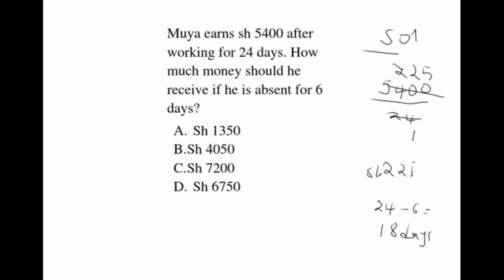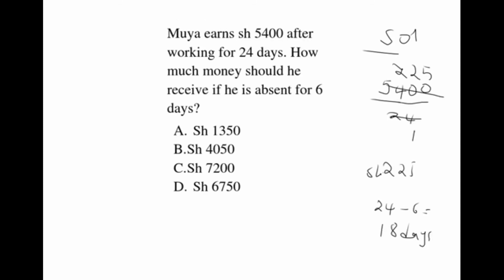Therefore, we multiply 225 by 18. We get 4,050 shillings. Therefore, our correct choice will be B, 4,050.